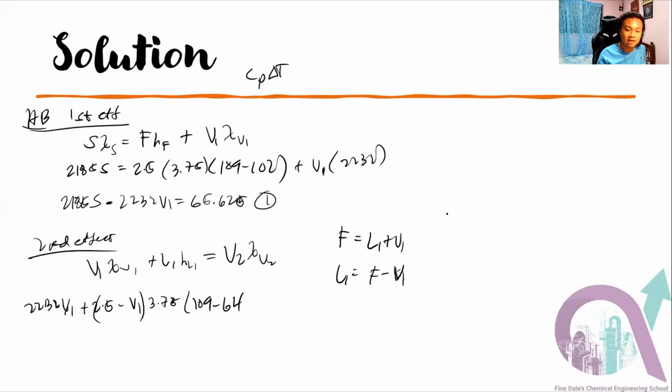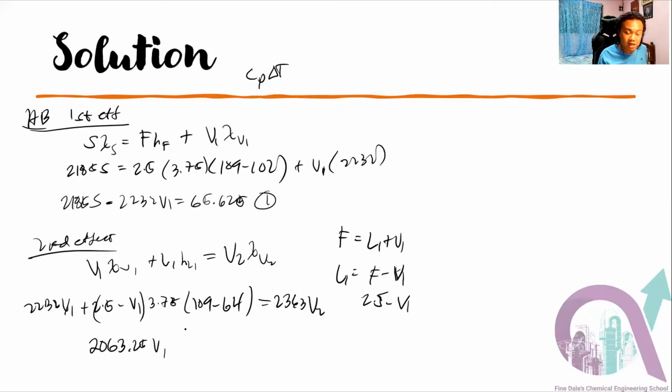So at second effect, you have 2363 V2. Okay, so if you transform that to a nicer form, this is 2.5 of F, this is 2.5 minus V1.